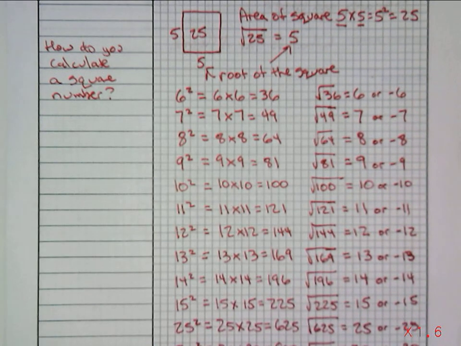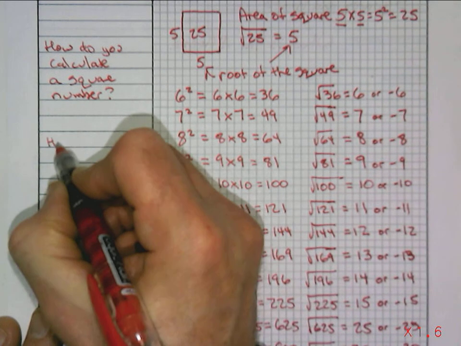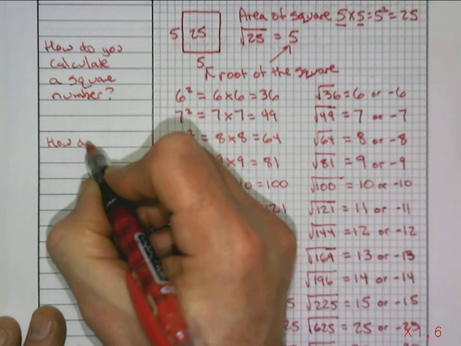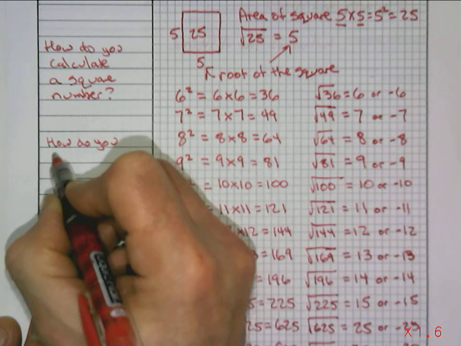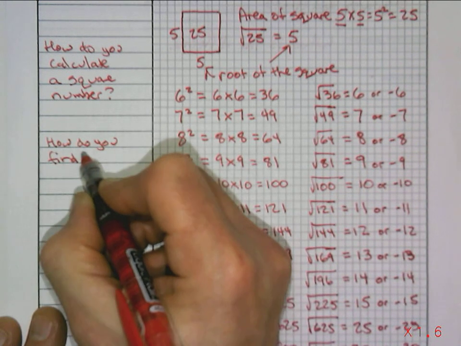So how do I calculate square numbers? And then the opposite of that would be, how do you find the square root of a number?